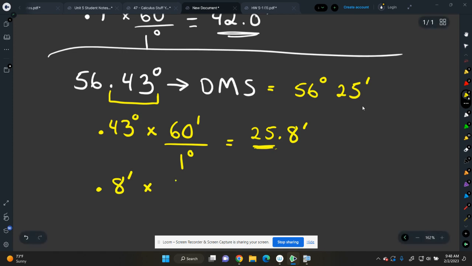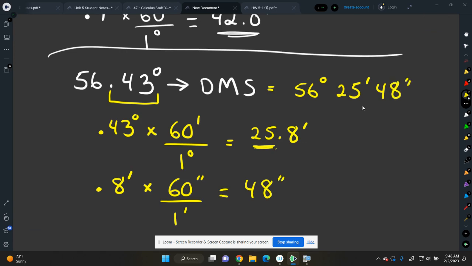So how many seconds are in a minute? 60 seconds in 1 minute. So we're going to take our 0.8 times 60 and we get 48 seconds. So 56.43 degrees is 56 degrees, 25 minutes, 48 seconds.